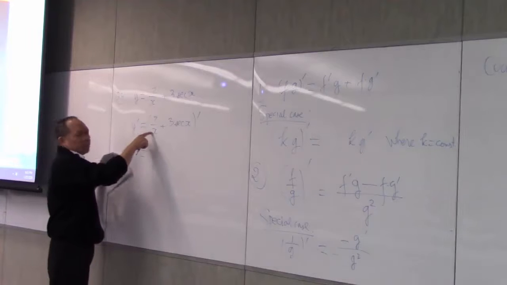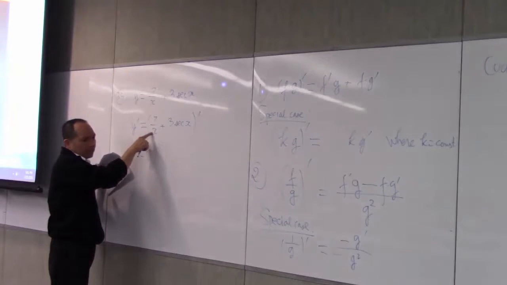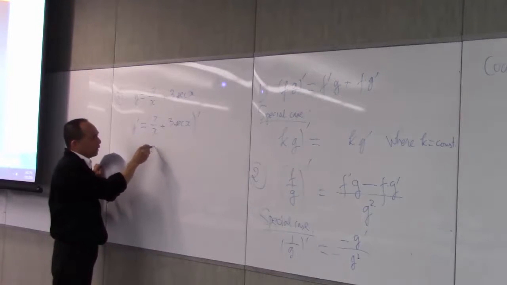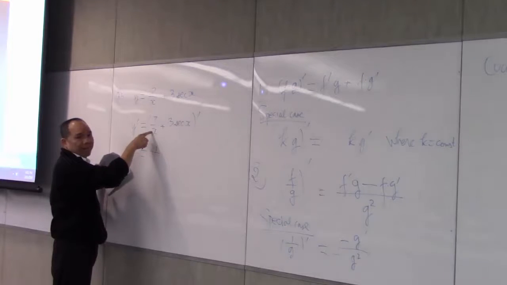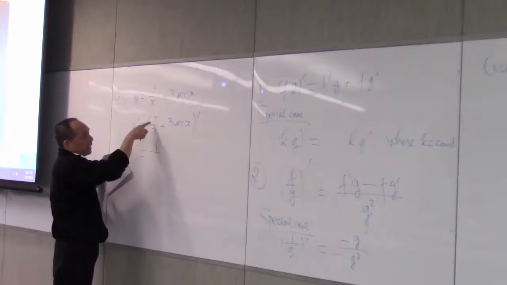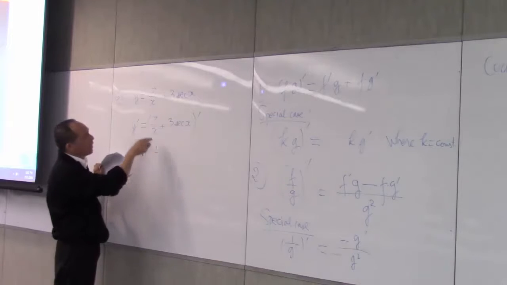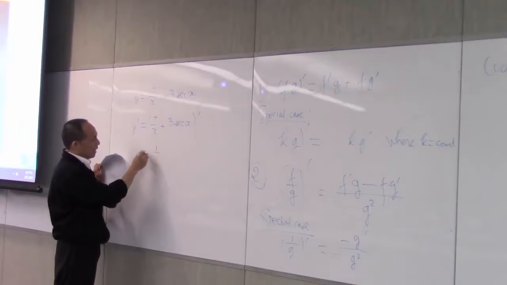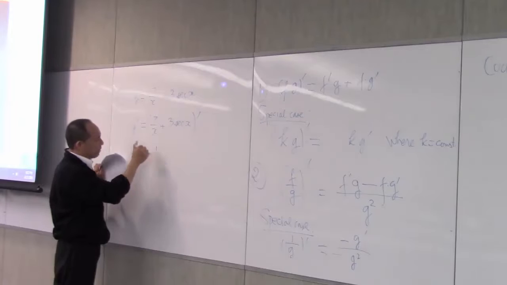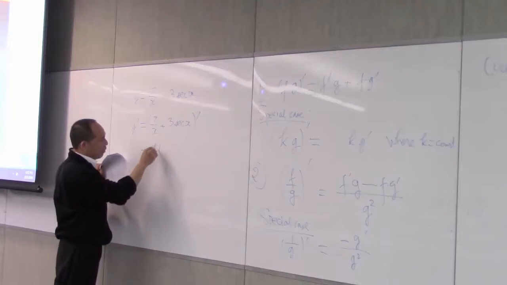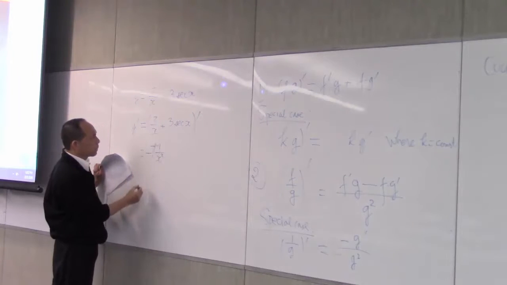So you take the derivative of this, negative 1, and you multiply with 7. So that you have negative 7 over x squared.